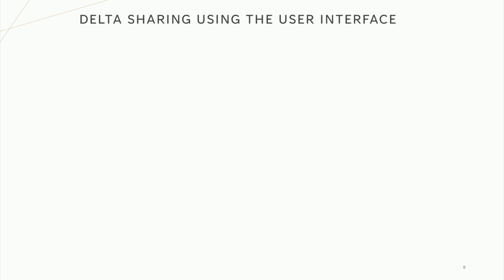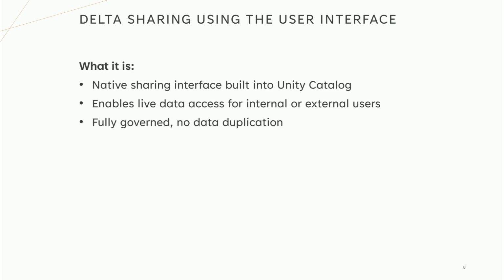I would say this is the classical way of sharing data inside Databricks. It is a separate tab inside Unity Catalog where you can create shares and recipients. It is a native sharing interface that's built in, and it enables live data access for internal or external users.